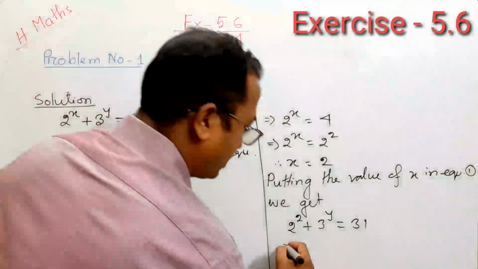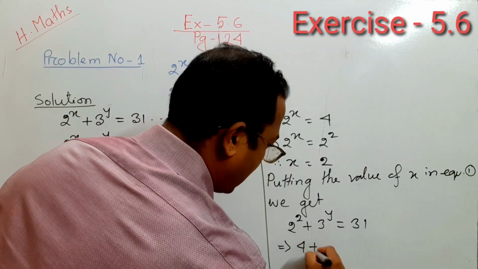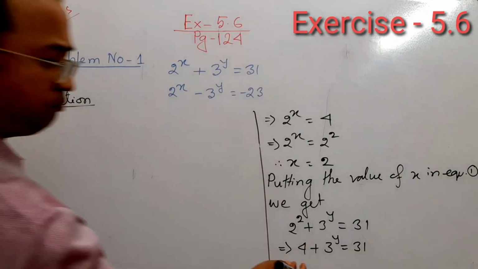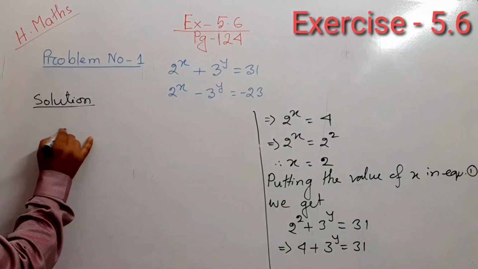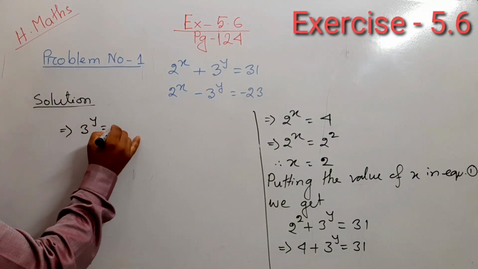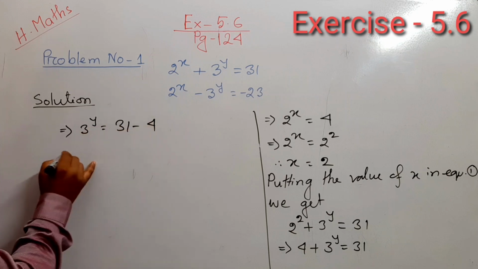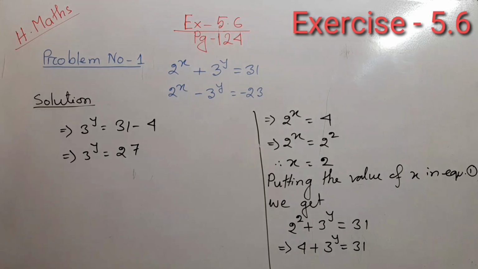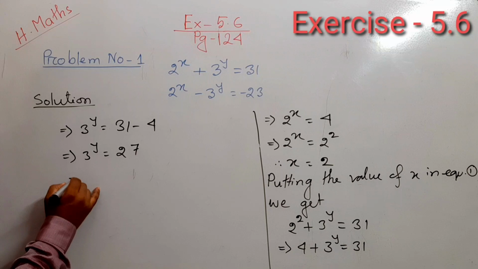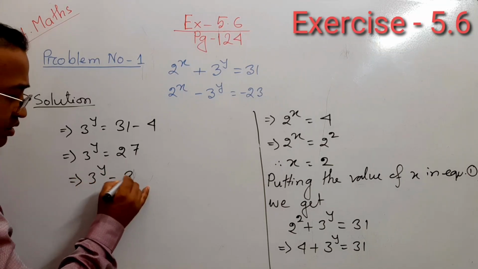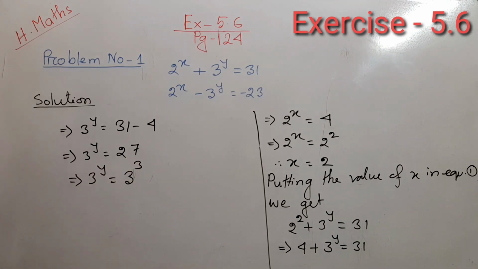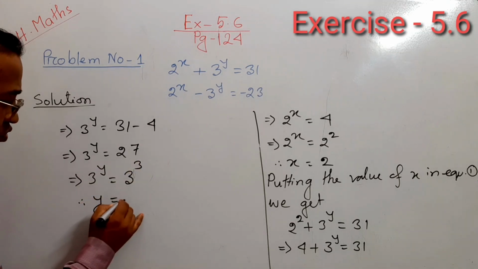So now we can write 4 plus 3 to the power y equal to 31. This 4 we take to the right side, so it becomes 3 to the power y equal to 31 minus 4. That is 3 to the power y equal to 27. Now look, 27 is 3 cubed. We can write 27 as 3 cubed. When the bases are equal, the powers are also equal, that is y equal to 3.